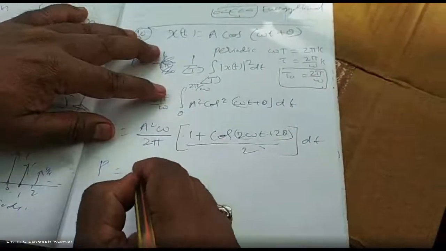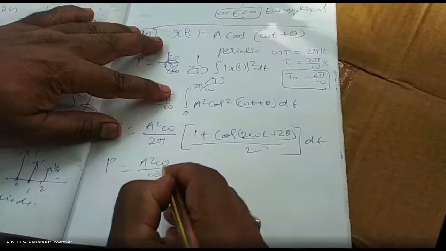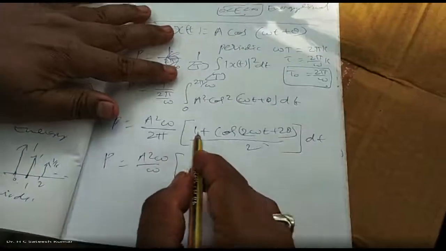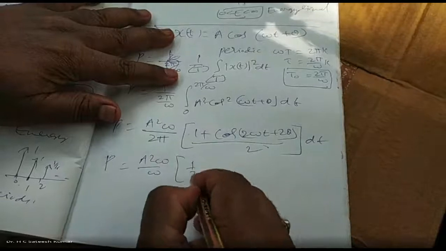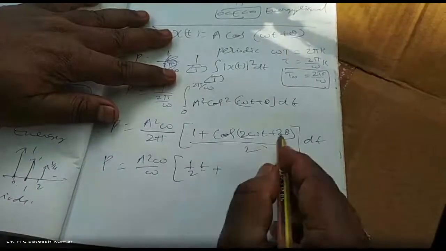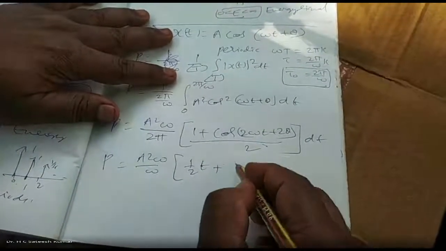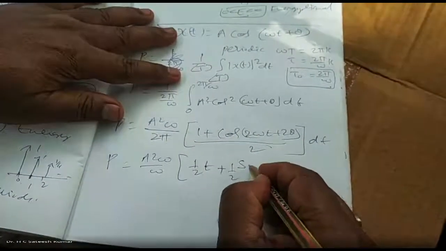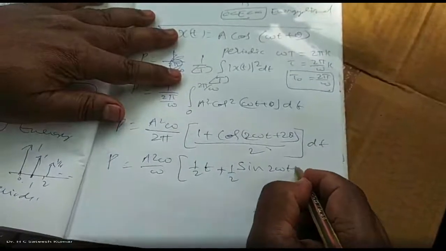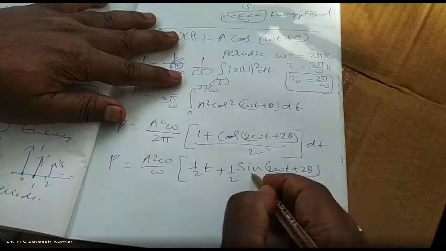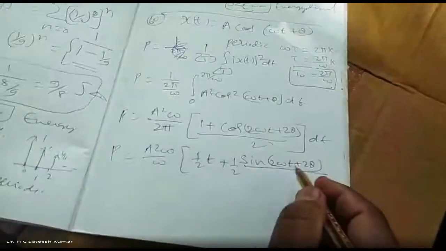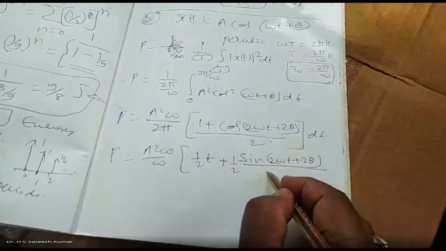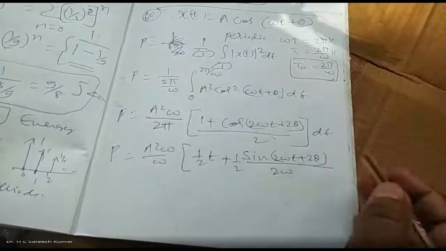Power is equal to A squared by omega into 1 by 2; split it and do the integration. Integration of 1 by 2 is 1 by 2 t, plus integration of cos of 2 omega t plus 2 theta is 1 by 2 into 1 by 2 into sine of 2 omega t plus 2 theta divided by the differentiation of 2 omega t plus 2 theta, which is 2 omega, since 2 theta is 0.